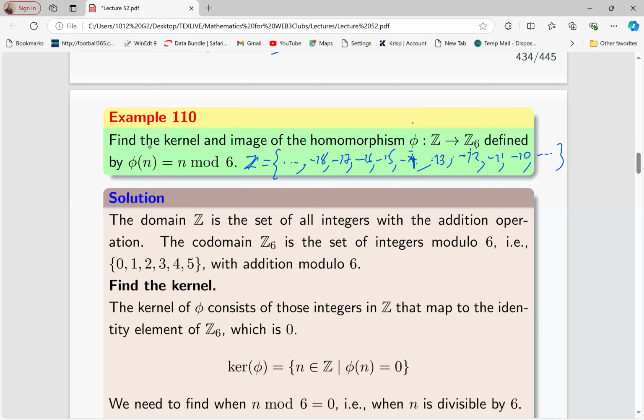What about Z6? Z6 has elements 0, 1, 2, 3, 4, and then 5.